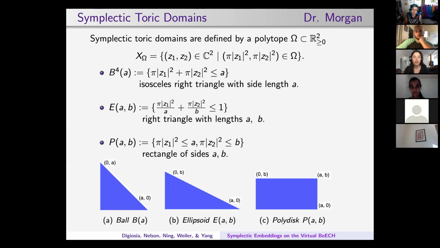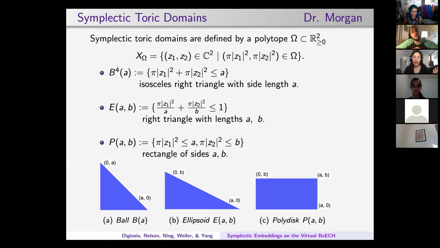Okay, so let's talk about the examples that Leo introduced earlier in the talk. We're going to think about them in a different way that will allow us to understand their symplectic geometry better. If I have a polytope omega in the first quadrant of R2, I can define X omega as all pairs of complex numbers in C2 where pi times the modulus of z1 squared, comma pi times the modulus of z2 squared, is an element of the polytope omega.